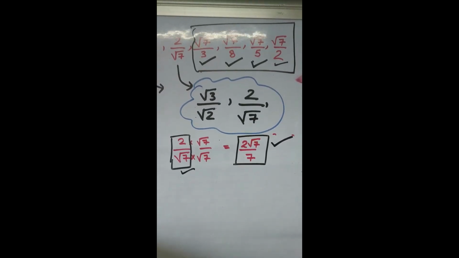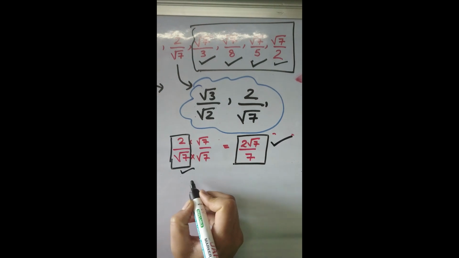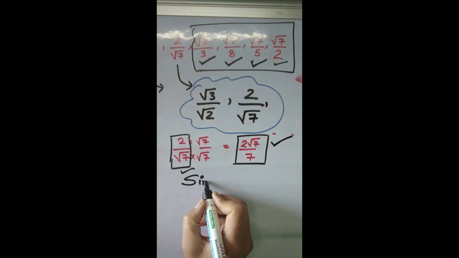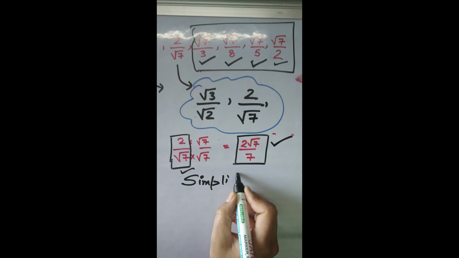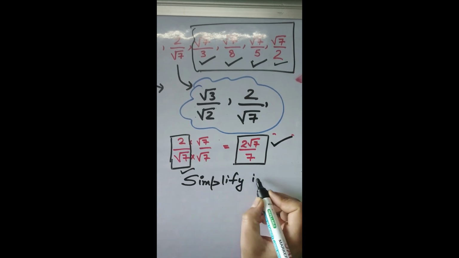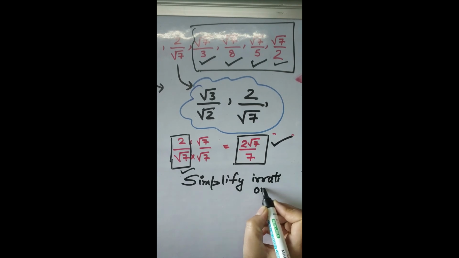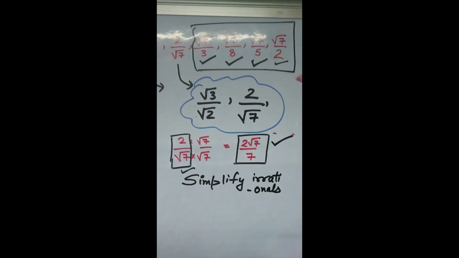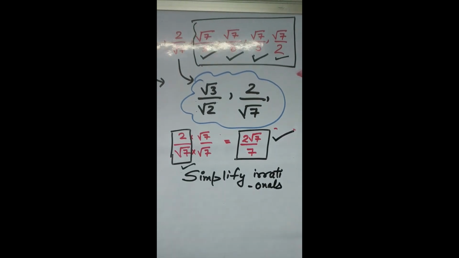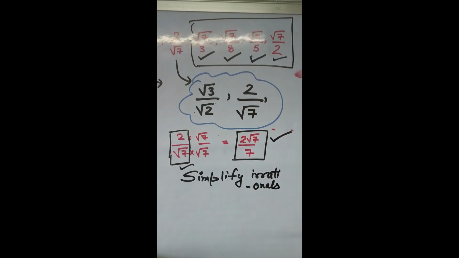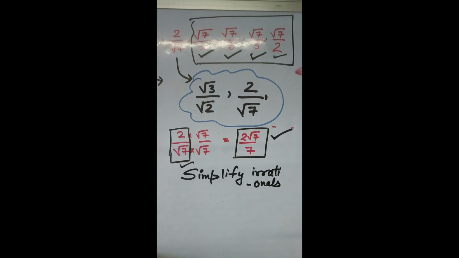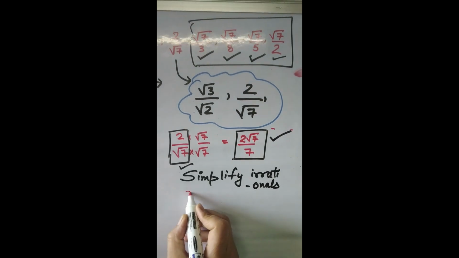So instead of locating, our topic becomes simplify irrationals. Simplifying any term means bringing it to a level where we are able to understand it. We take it this way: we do not understand this number. Why?